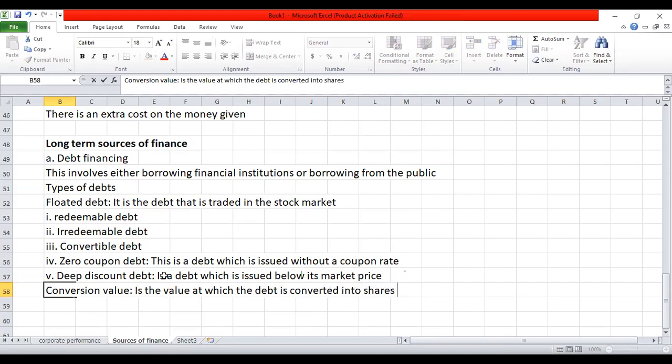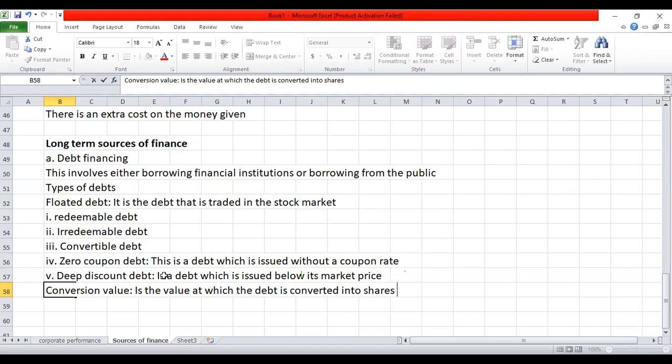So if you have a convertible debt, it has got an option to be converted into shares. So the conversion value is that value at which the debt can be converted into shares.